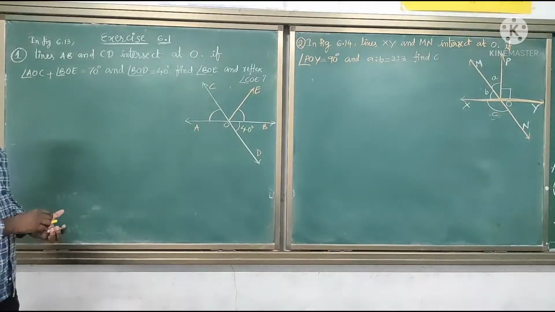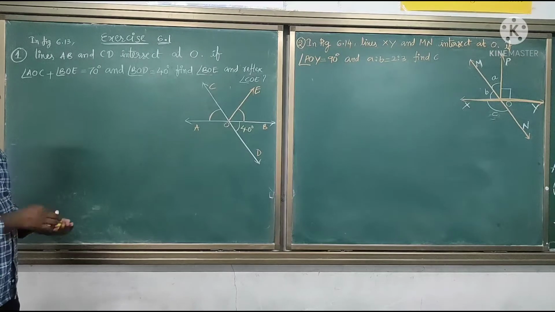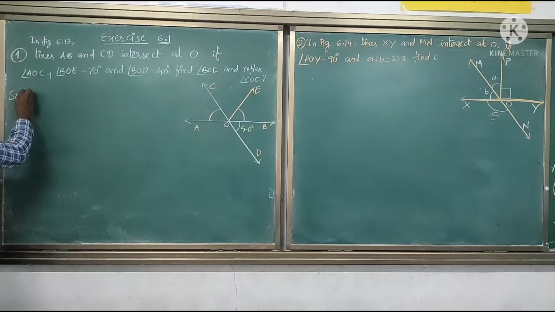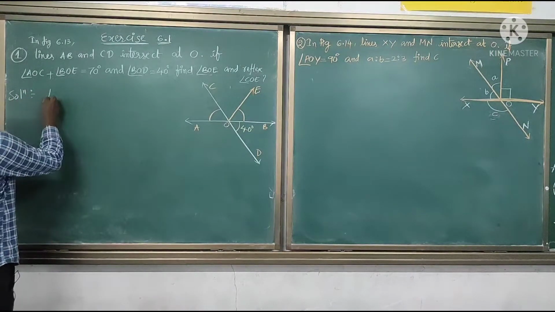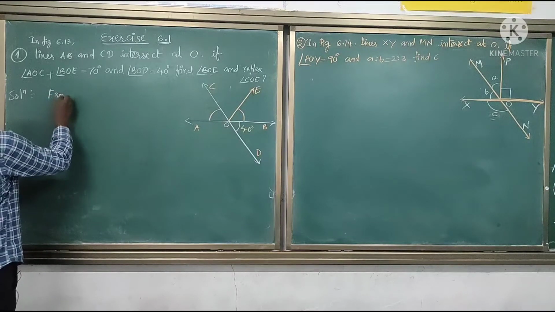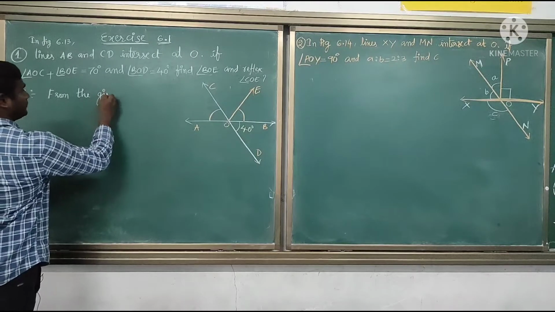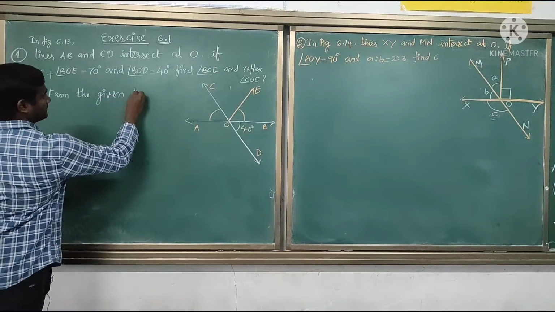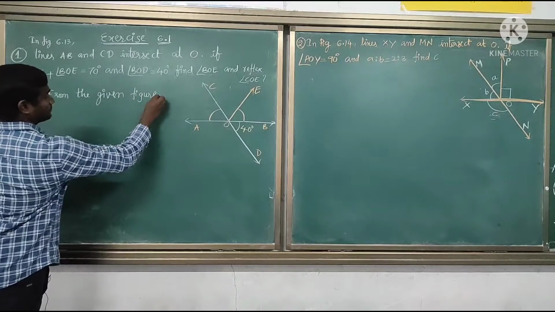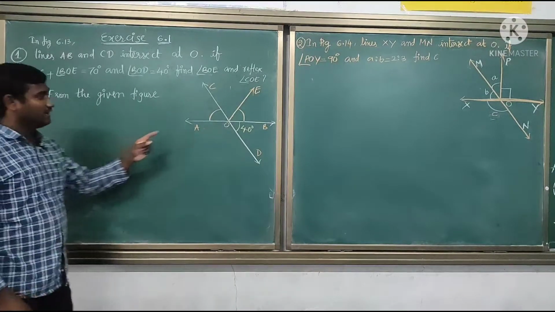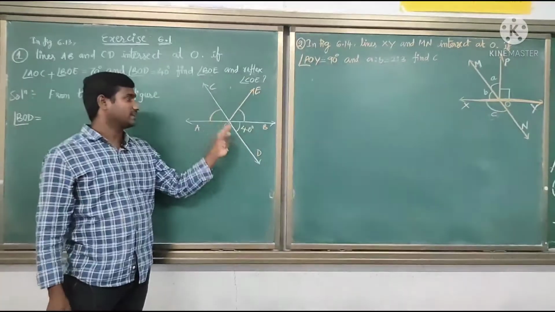So first, from the given figure, we can write the solution. Angle BOD equals, which are the two vertically opposite angles?